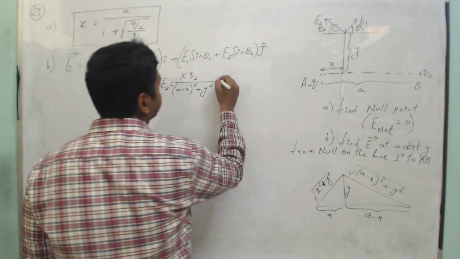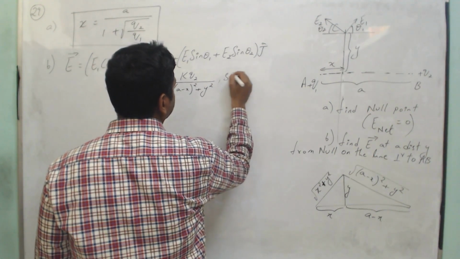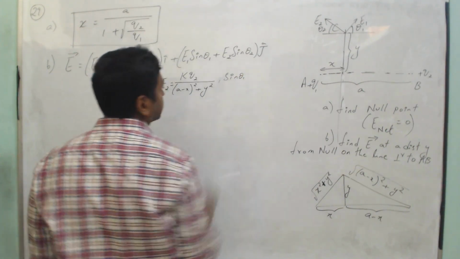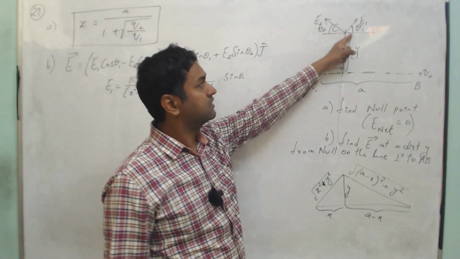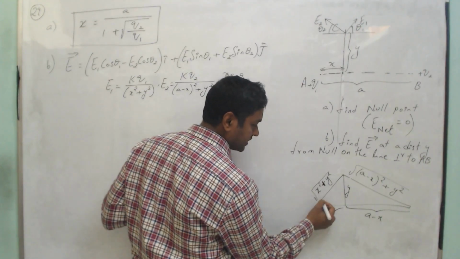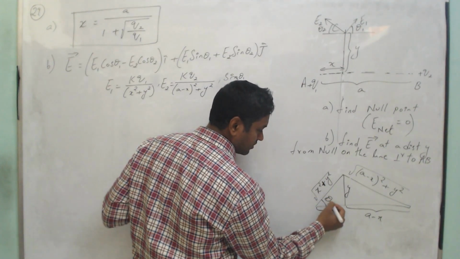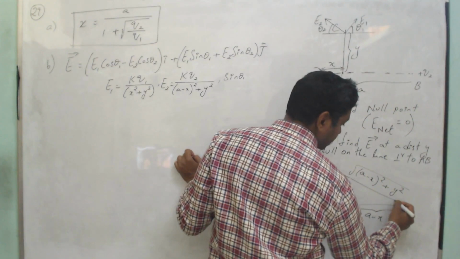Then we have sine theta 1. See, what is theta 1? If this angle is theta 1, similarly this angle is theta 2.